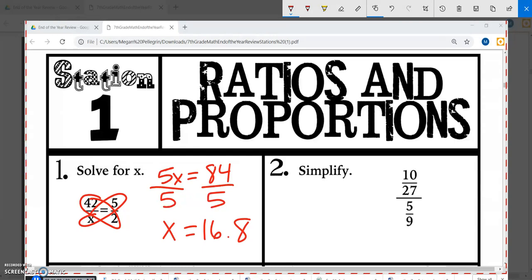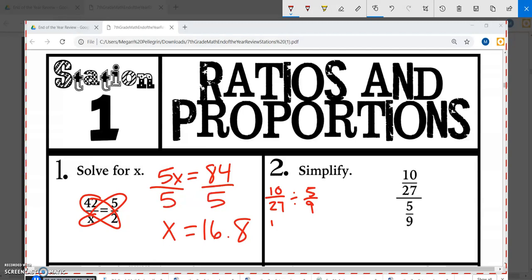The next one asked me to simplify. So it's just a division problem. We're just going to rewrite it as 10 over 27 being divided by 5 over 9. Okay, so I can flip back to where I'm dividing fraction operations, page 2.